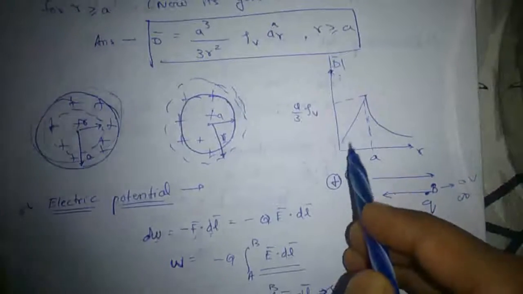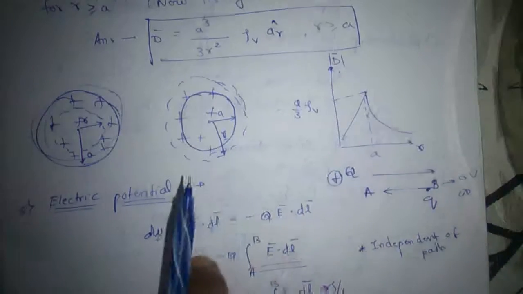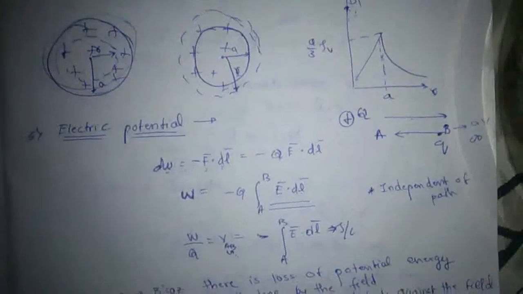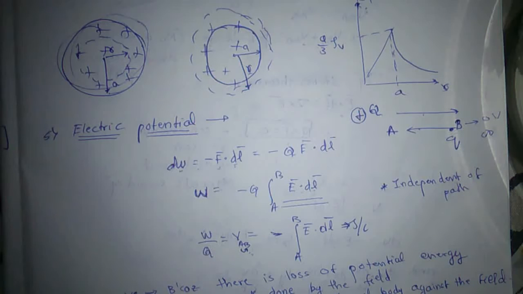This is the tendency of the magnitude of electric flux density against the radius r. Now, what is electric potential? Before that, I hope that you have a concept of work done from your basic mechanics.